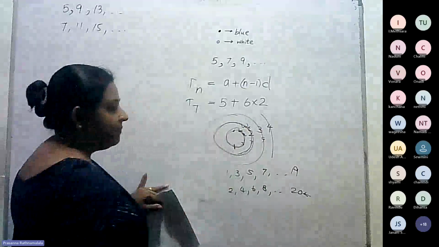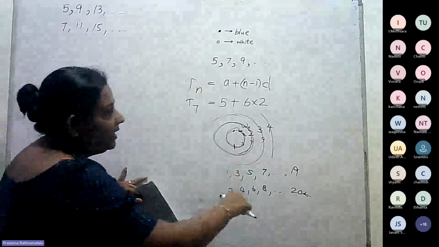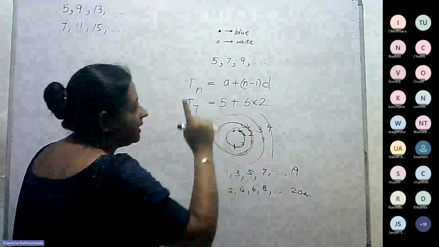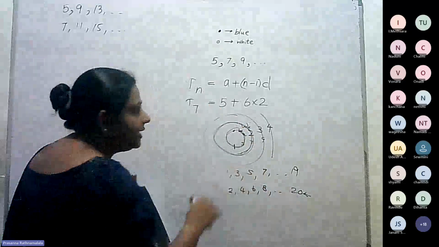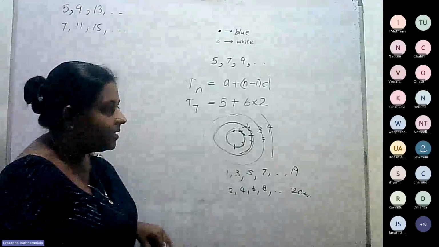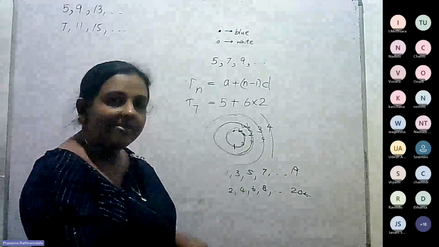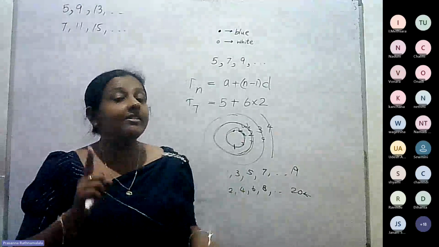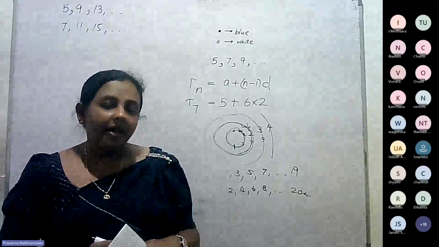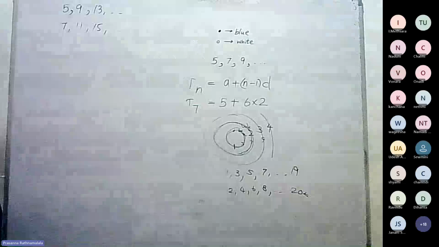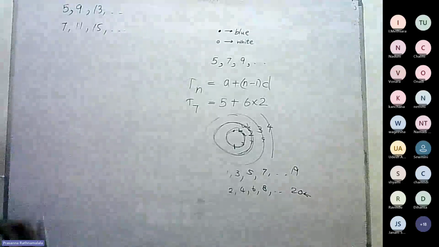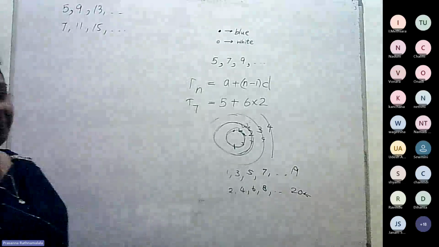This is white. Before that, the 19th one is blue. So this divides: from 1 to 19 there are 10 circles, and from 2 to 20 also 10 circles. How many circles are there in this display with the white color students? That comes to 10.